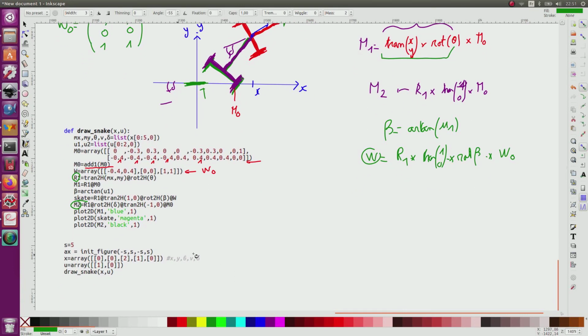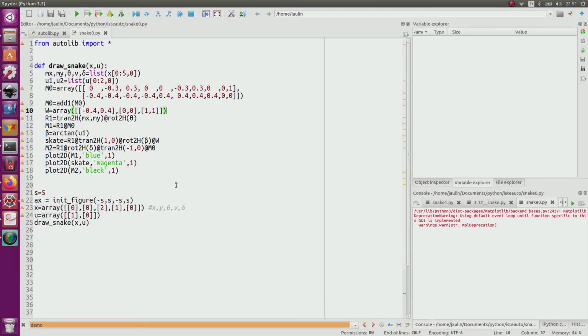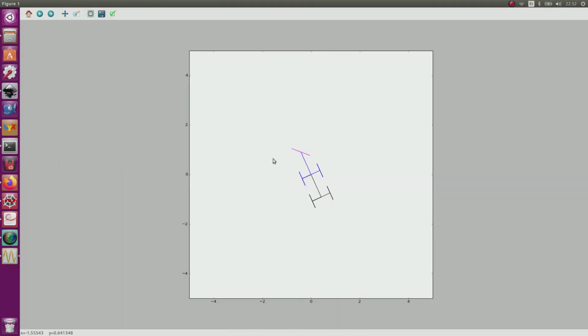Now from this I can take an initial state. I can take any u, and the corresponding draw snake function will form a picture of my robot. So this is the program. I run it, and I can see here the front, the second one, and the front wheel.